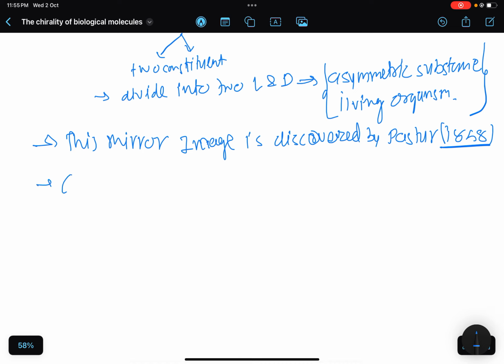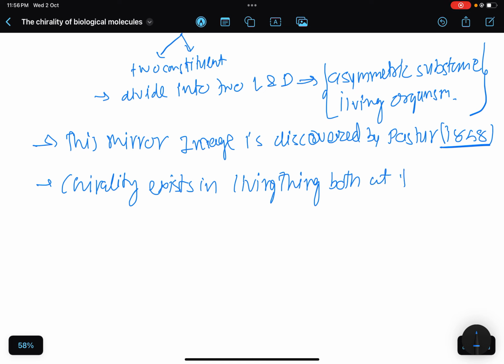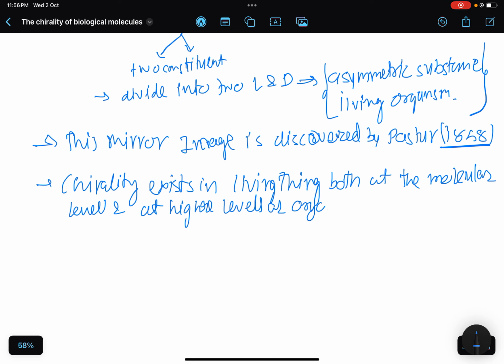Chirality exists in living things both at the molecular level and also at higher levels of organization.